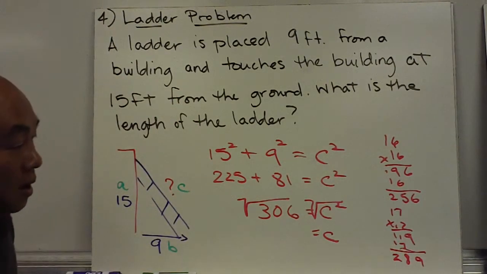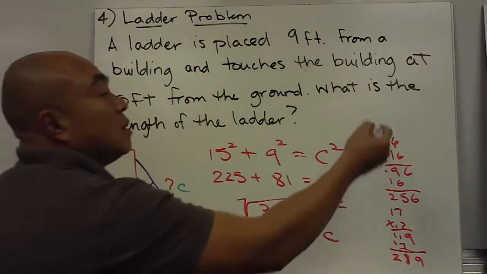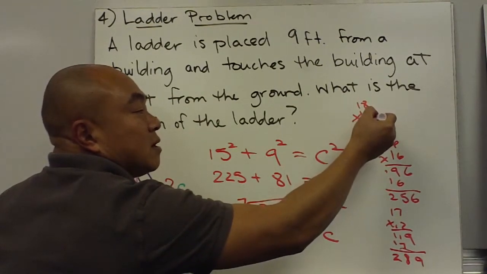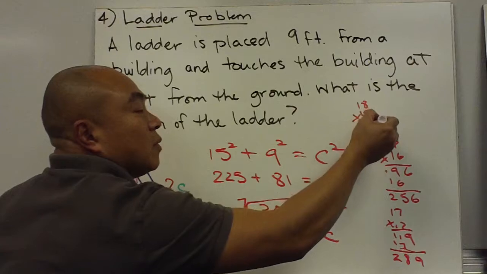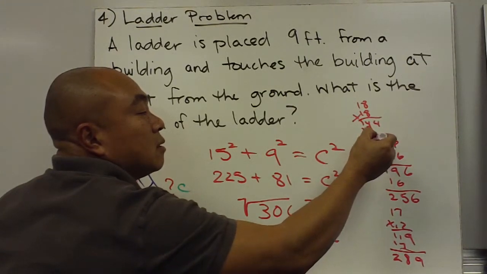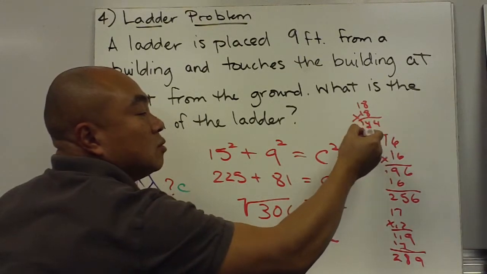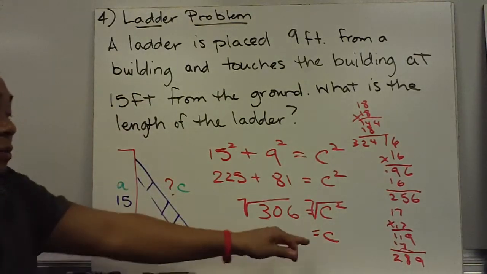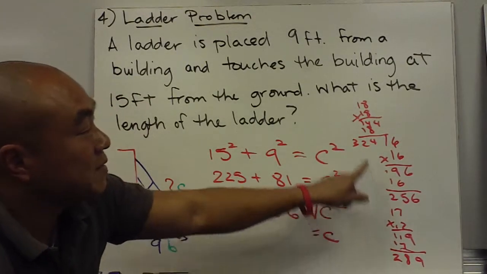Much closer. I'm pretty sure 17 is probably going to work for me, but let's try one more just in case. Let's do 18 times 18, which gives me 324. So that's too big. Basically our number is going to fall between 17 and 18.